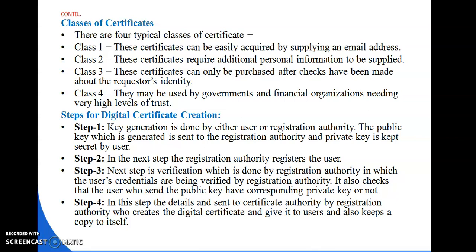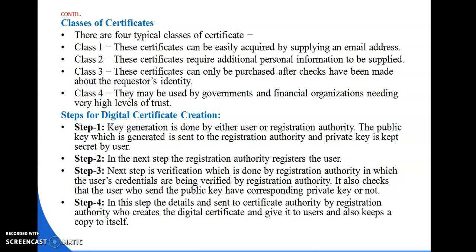Class 1 is very simple. By supplying an email address, you get this one. This class 1 digital certificate only contains the profile of the holder, nothing else. For class 2, the certificate requires additional personal information besides your profile.